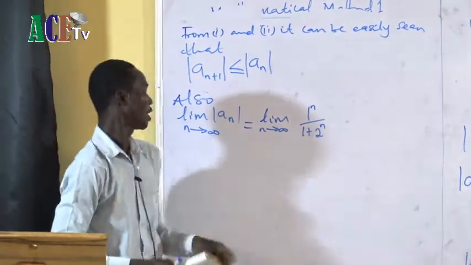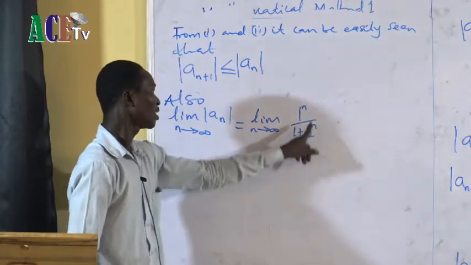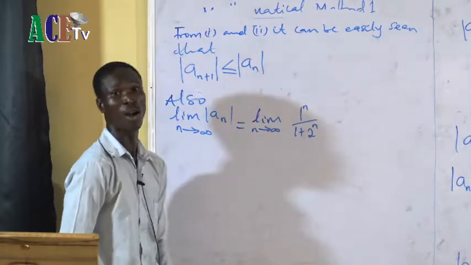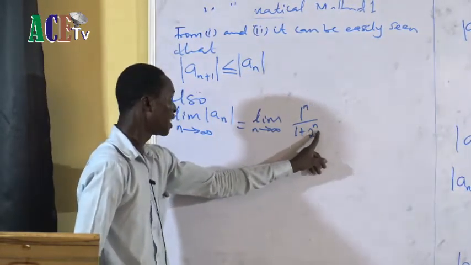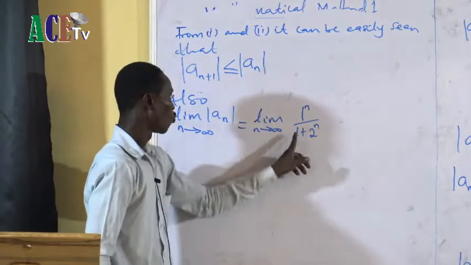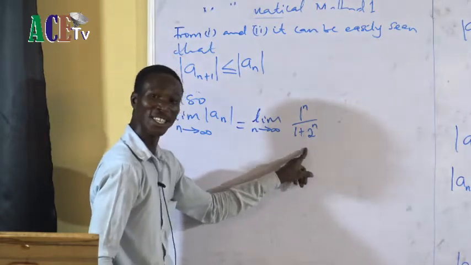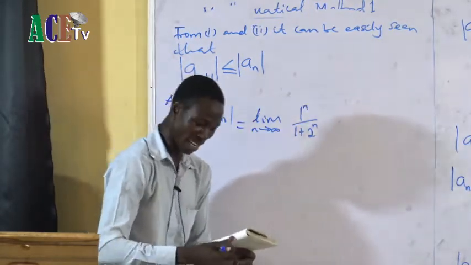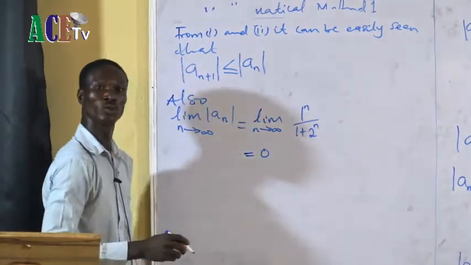If n tends to infinity, whatever is raised to the power n, 1 raised to the power n will be 1. This one will give us 2 raised to the power infinity, which is infinity. 1 plus infinity is infinity. Then 1 over infinity approaches 0. So in that case, this is simply equal to 0.